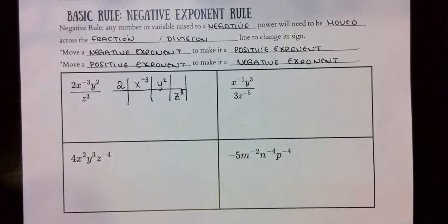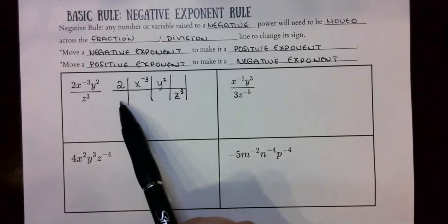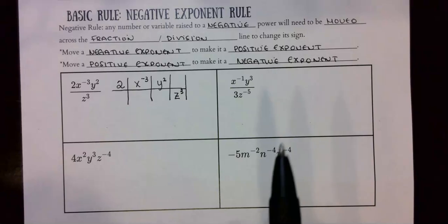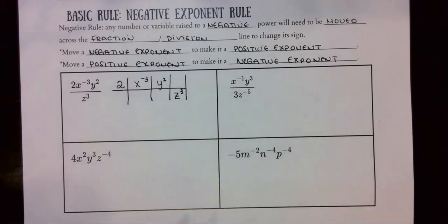And notice that from here, I'm separating everything. This is going to come in handy, especially when we start doing the quotient rule. But we're not ready for that yet. We're just talking about the negative exponent rule. So the 2 has no other numbers to combine with. It also doesn't have a negative exponent. So there's nothing to do with the 2. But I notice that this x does have a negative exponent.